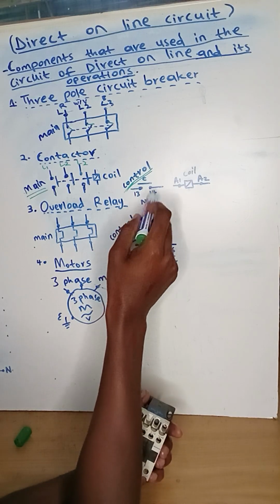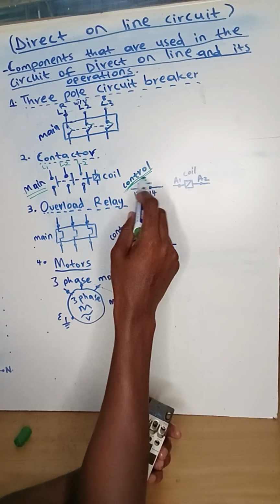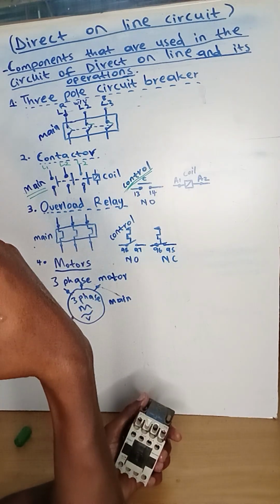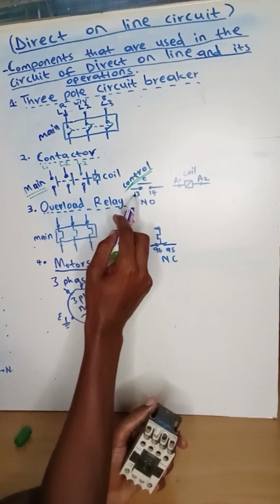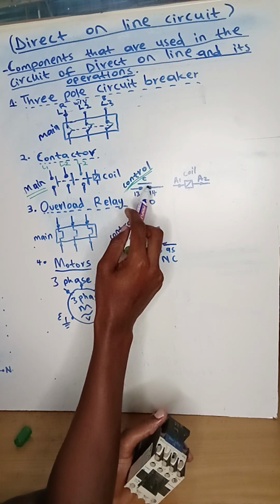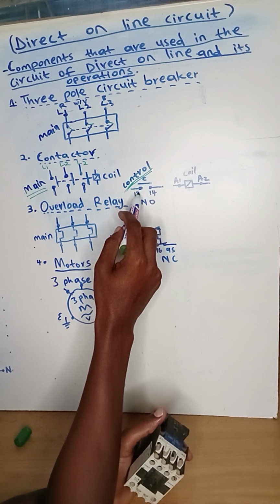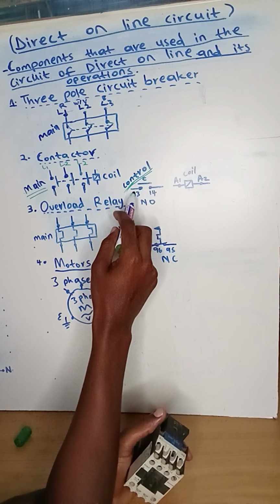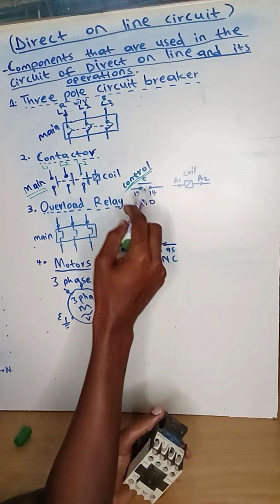So from the symbol number 1 in the control circuit, as you can see, we have a normally open contact, which has number 13 and number 14.